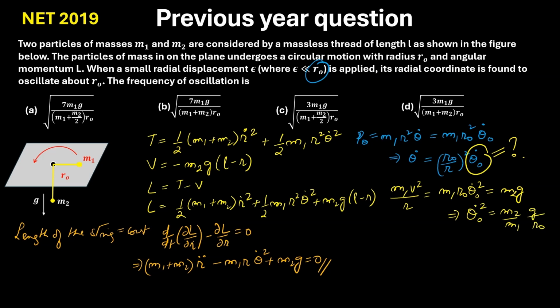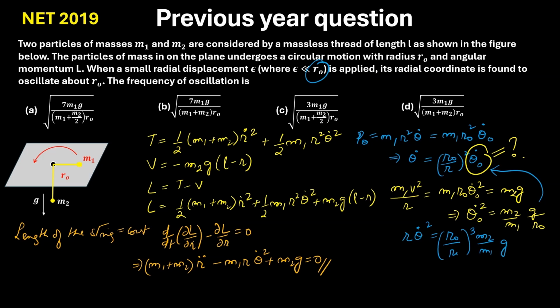Now you have got theta naught, so you can substitute it here. Then finally you'll get theta dot squared equal to, maybe it's better to multiply by r here, so using the above two expressions you will get r naught by r whole cube times (m2 by m1) g.